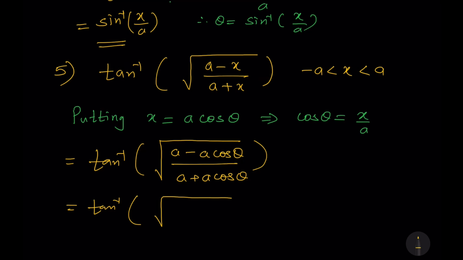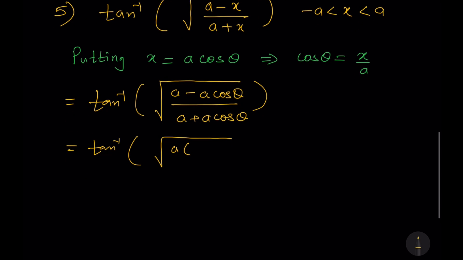That is equal to tan inverse of, so a into 1 minus cos theta. What is 1 minus cos theta? So it will be a into 1 minus cos theta, now I am going to write it directly.